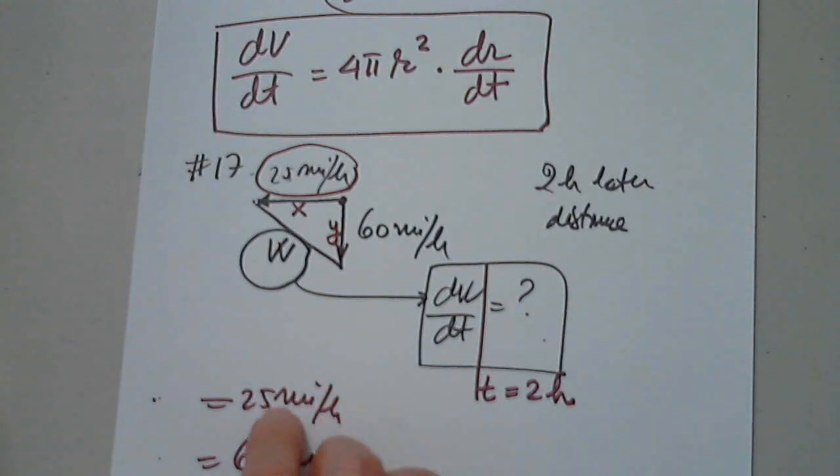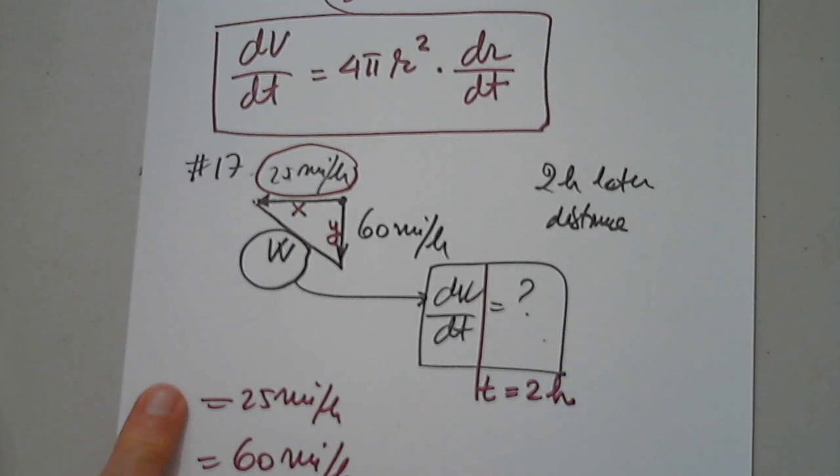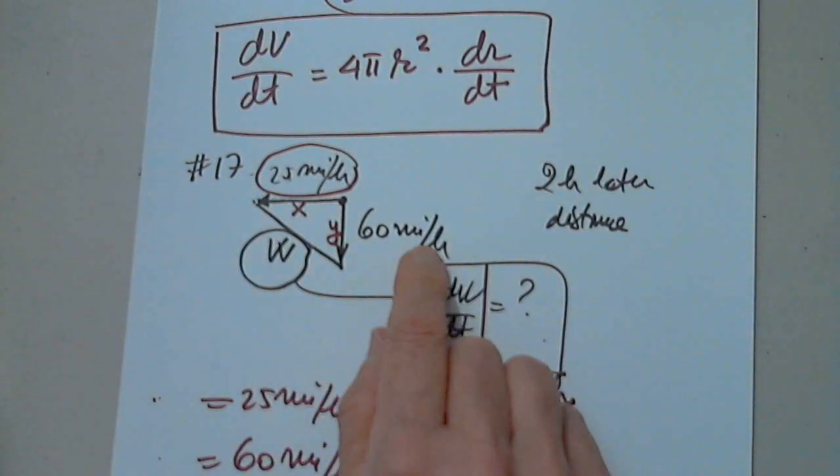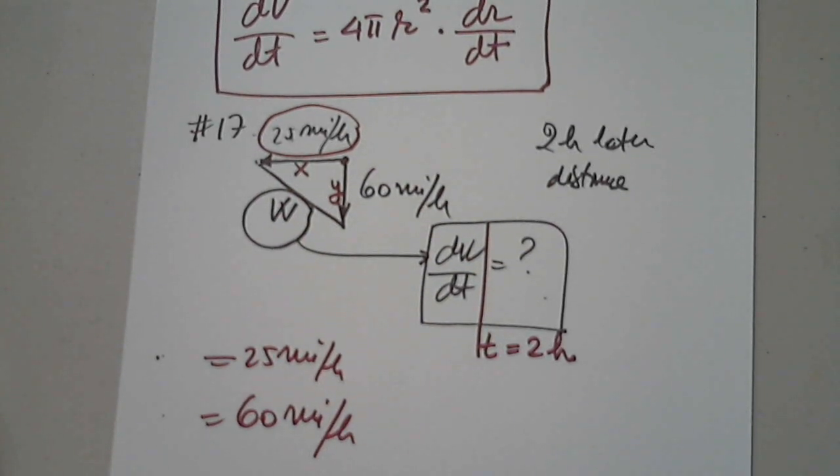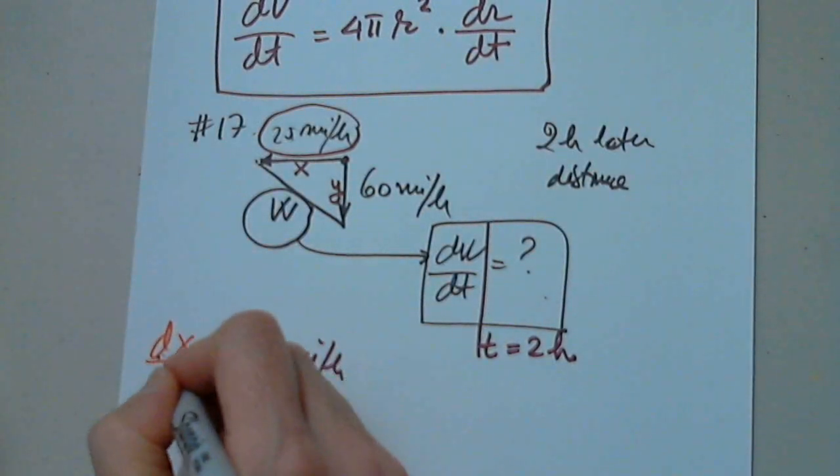So can anyone tell us what 25 miles per hour represents? And I'll put it here. What does 60 miles per hour represent? And I'll put it here. Try it. It's okay if you're wrong. Is it dx dt and dy dt? Of course.